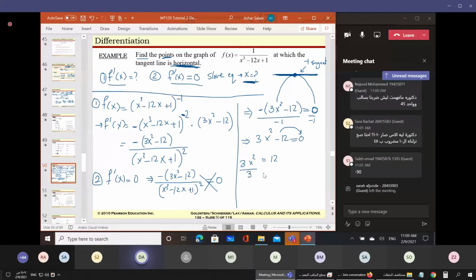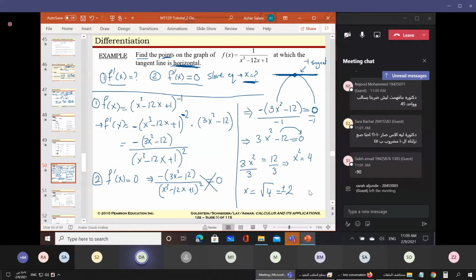Dividing by 3, it will be x squared equals 4. The only remaining step is to take the square root. x equals the square root of 4, which is 2, but with 2 signs, plus or minus 2.